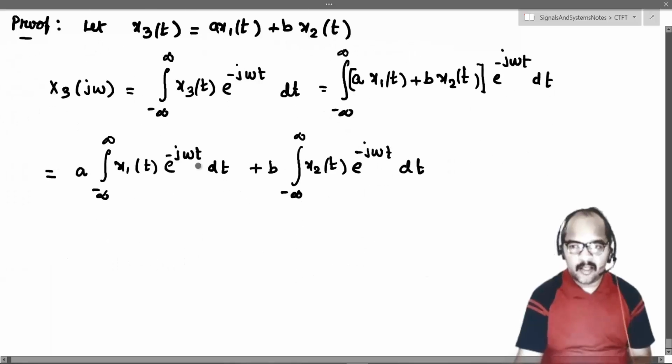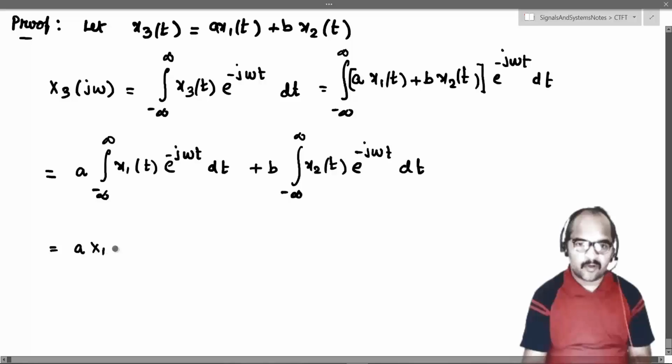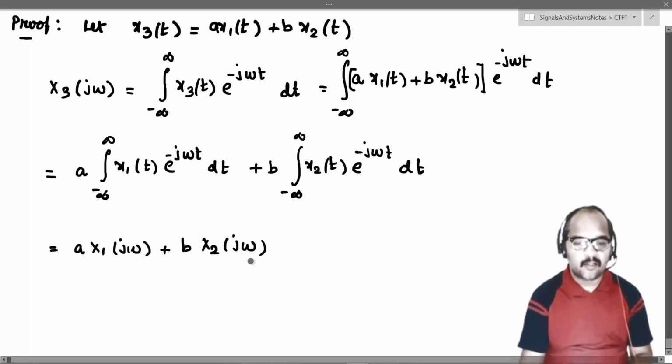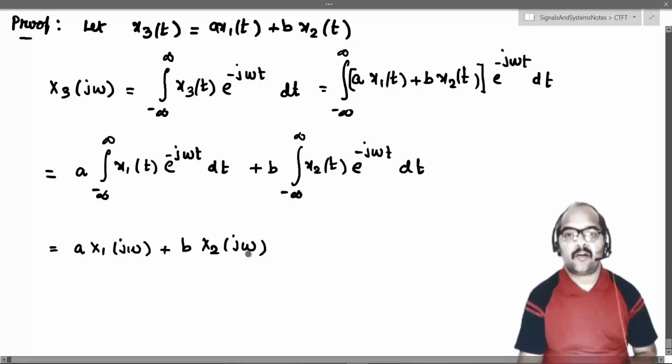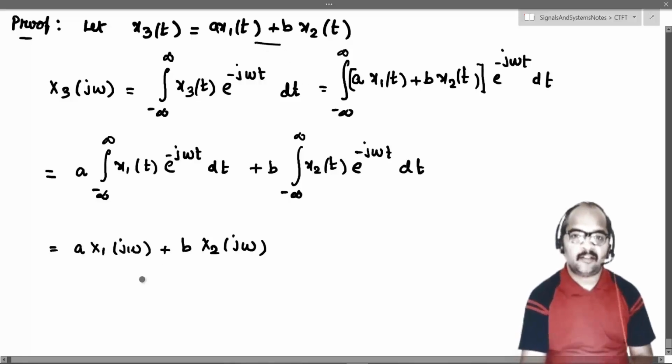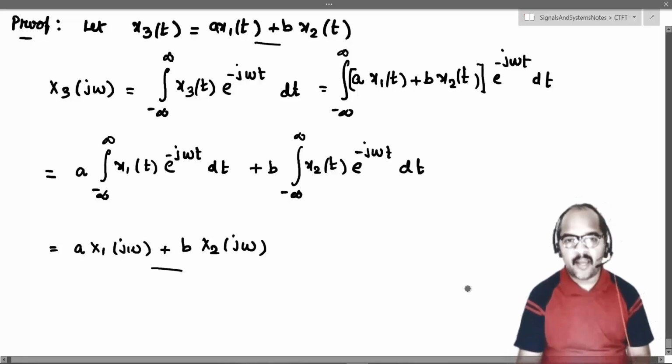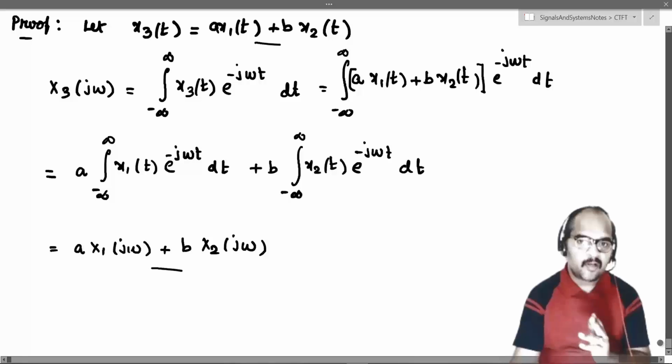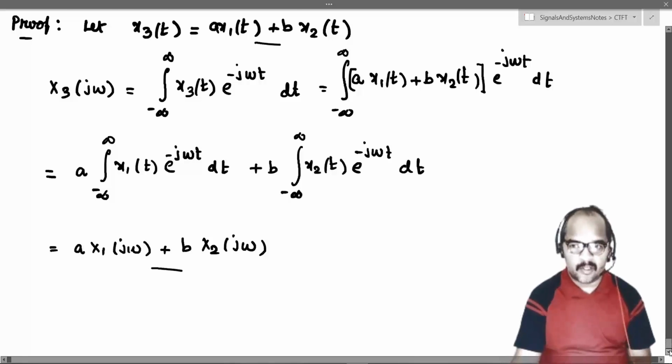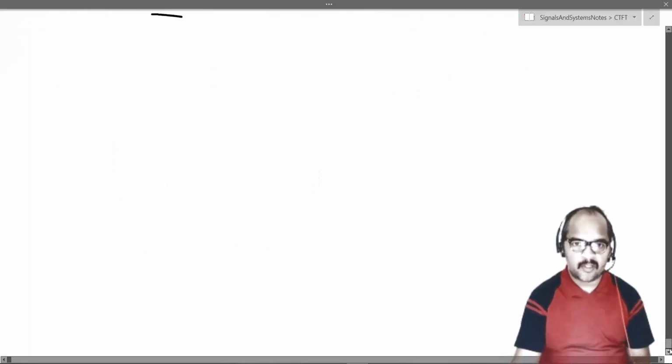The first integral is x1 of j omega, and the second integral gives b times x2 of j omega. So if you take a linear combination of the signals, the corresponding Fourier transform is also the same linear combination. We call this the linearity property. Now let us take a few examples.